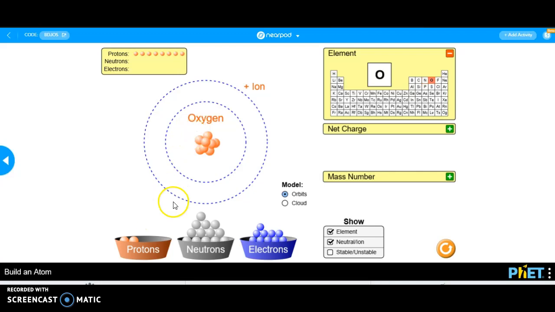And oxygen's atomic mass is 16, which means we'll need 8 neutrons, because again, protons plus neutrons equal the atomic mass. And right now we have a positive ion, which is great because that's what we want.